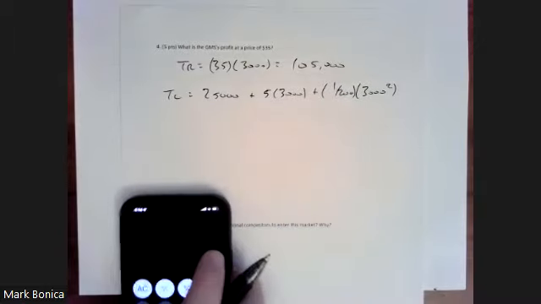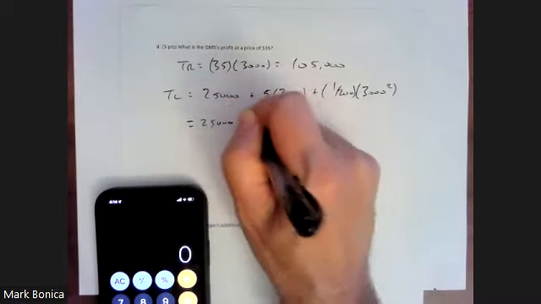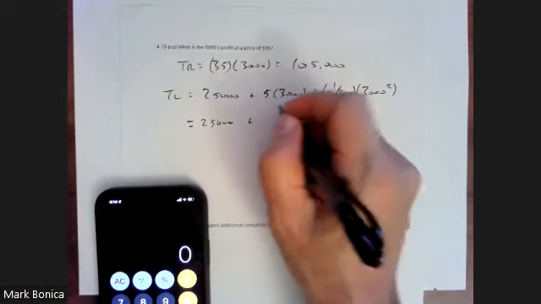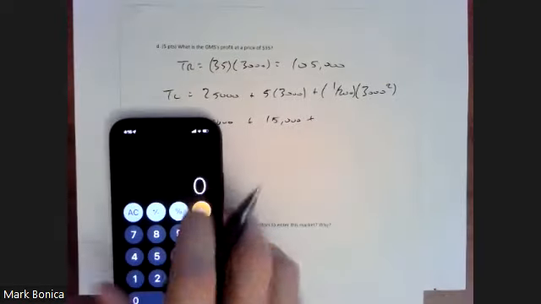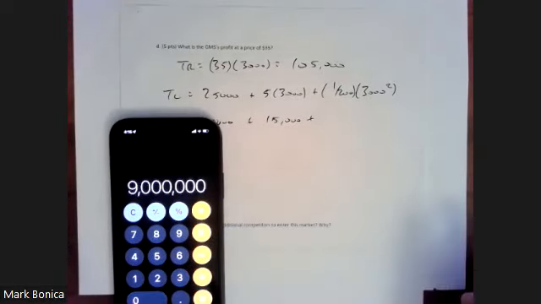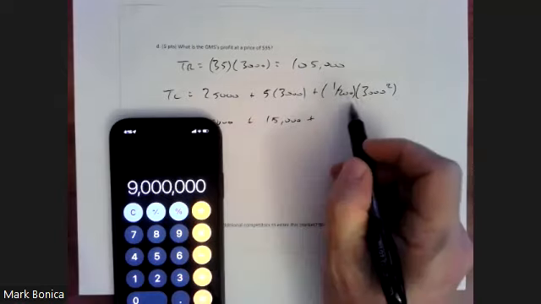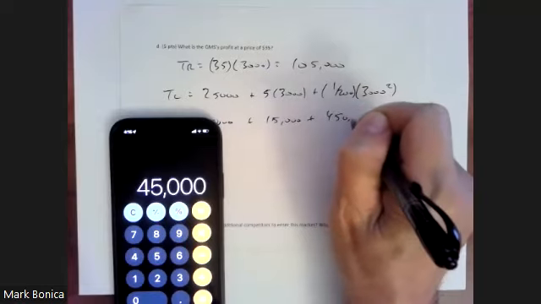So I've got 25,000 plus 5 times 3,000 is 15,000. And then we got to do a little bit of calculating here, but 3,000 squared is 9 million. Divided by 200 is 45,000.